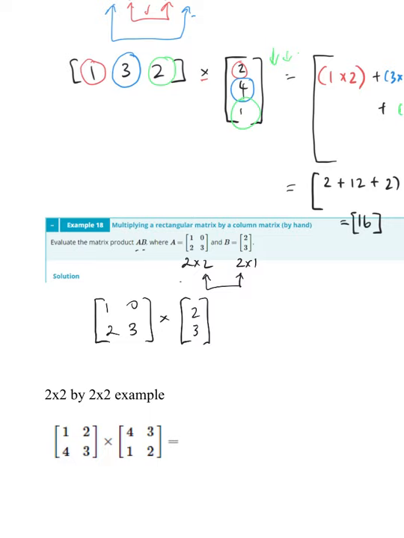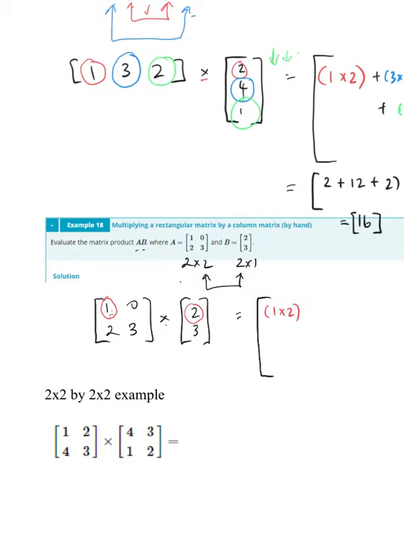Okay, so first step, I'm going to do exactly the same as what I did in the other one. So I'm going to go 1 times 2. So the first element in my first row times the first element in my first column of the second one. So I've got 1 times 2.